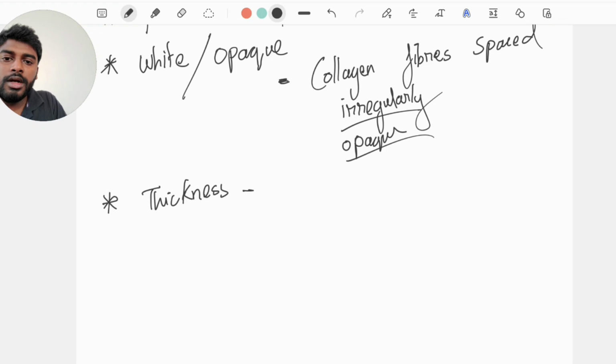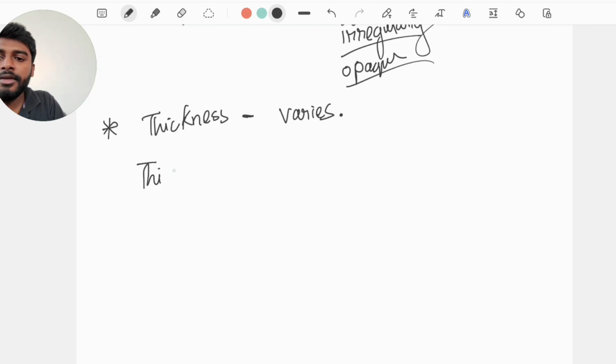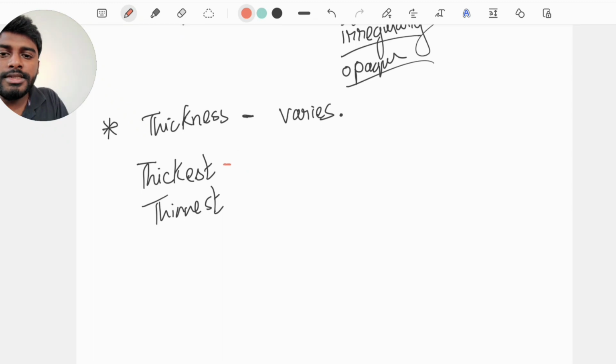The thickness of the sclera varies. So where is it thickest and where is it thinnest? It is thickest near the optic nerve insertion, around 1 millimeter. Where is it thinner?